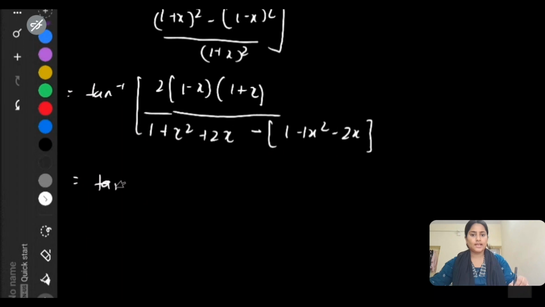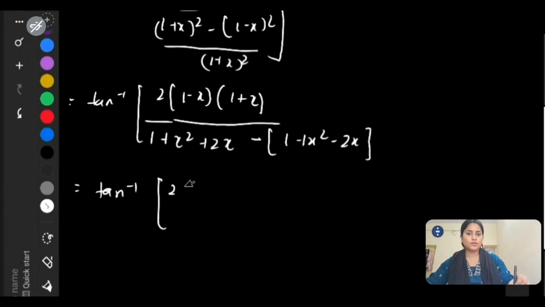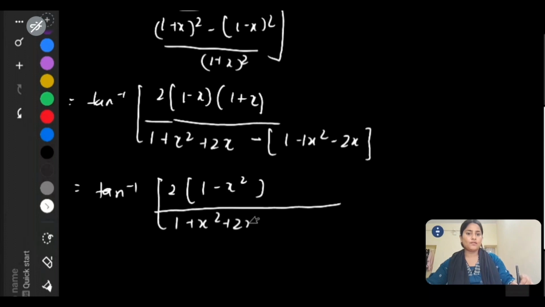So now tan inverse of 2 into (1 minus x square), right? And here in the denominator, we'll take 1 plus x square plus 2x, and opening the bracket we get minus 1, minus x square, minus into minus which is plus 2x.